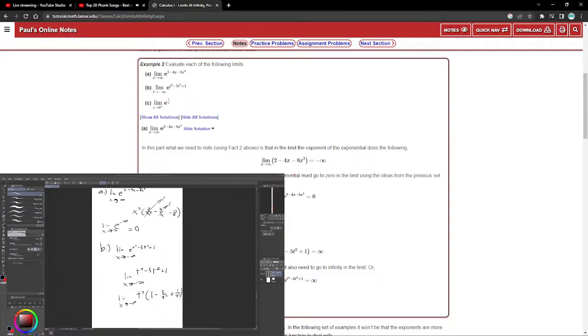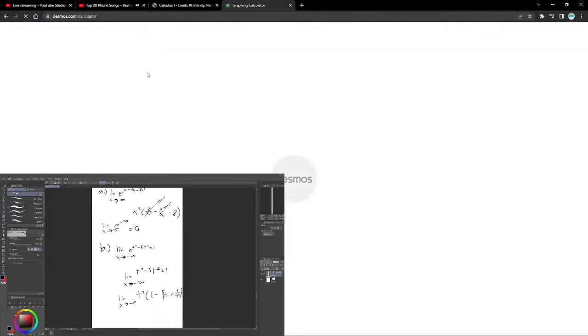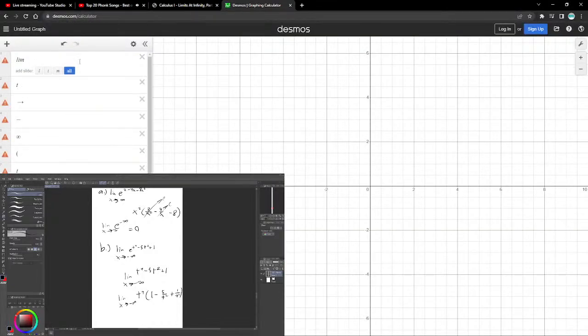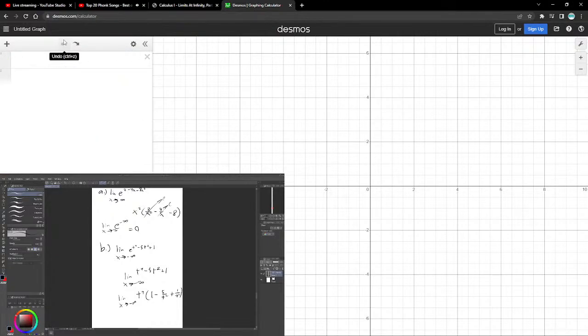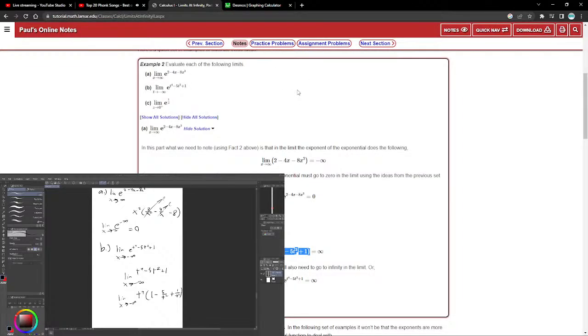How does this equal positive infinity? Why does it do this?